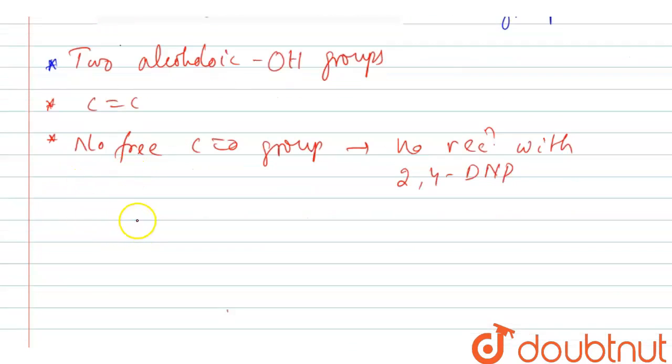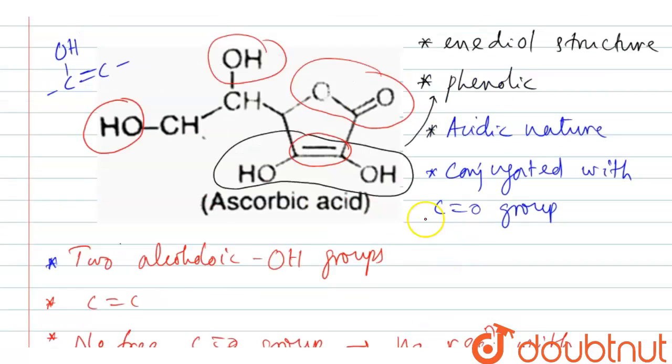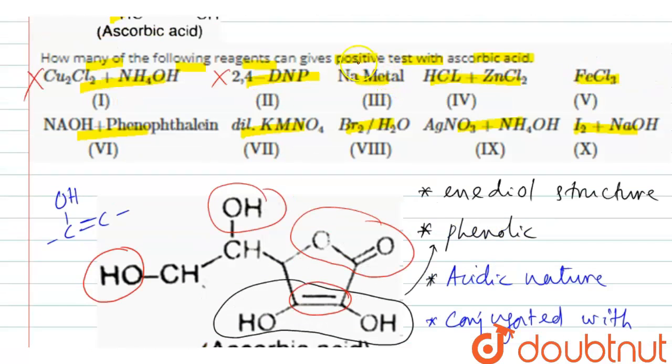I am writing only the required part: the OH and OH react with sodium metal liberating hydrogen, giving O minus Na plus, O minus Na plus. Therefore it reacts with sodium metal.